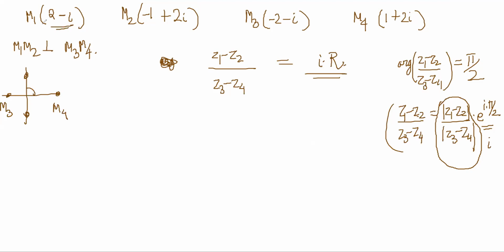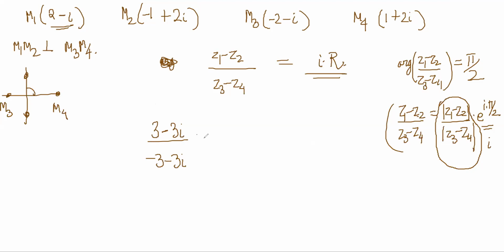Check these points. Z1 minus Z2 becomes 3 minus 3i by Z3 minus Z4 becomes minus 3 minus 3i, right? Z3 minus Z4 is minus 2 minus 1 minus 1 minus 3, and this is becoming 2 plus 1 minus 1 minus 3.